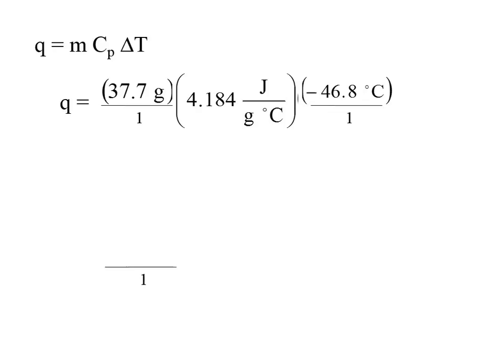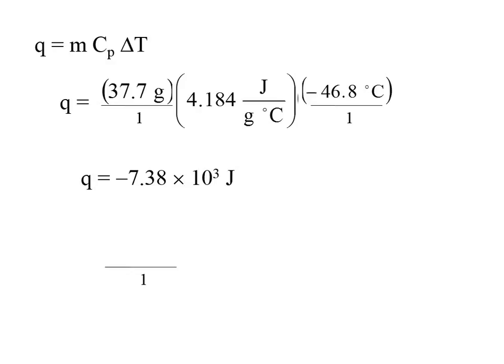It looks like we need to round according to 3 significant figures. Now, would you have to put this in scientific notation? No. In fact, if I was doing this, I might not worry about it. So negative 7,380 joules, or negative 7.38 times 10 to the third joules, the same thing.